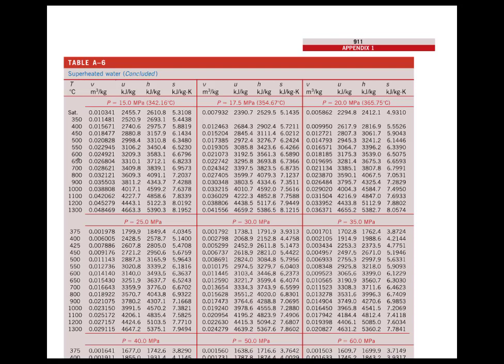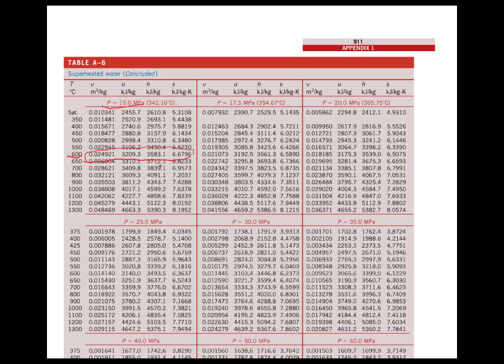We should find the appropriate pressure, which is 15 megapascal, and the temperature for superheated water in this state is 600 degrees Celsius. So the information we are looking for is in this row.